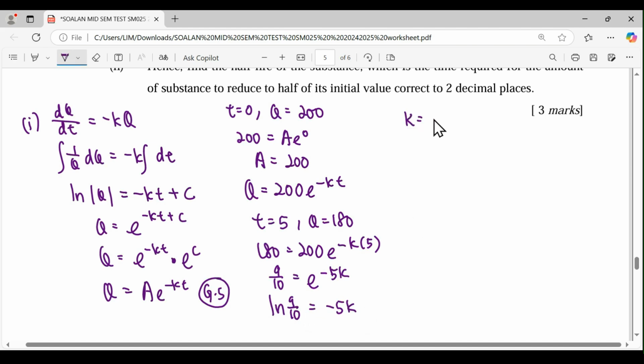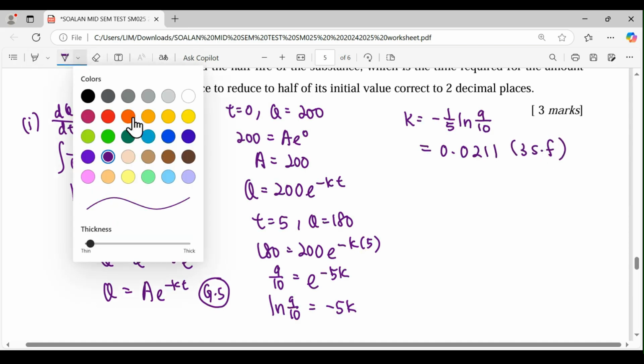Then k will be 1 over 5 ln 9 over 10. So simplify to 3 significant figures here. It will give you 0.0211. So the 0 here is not significant. Start with this value, 211 here, only 3 significant figures as the question asks and requires.